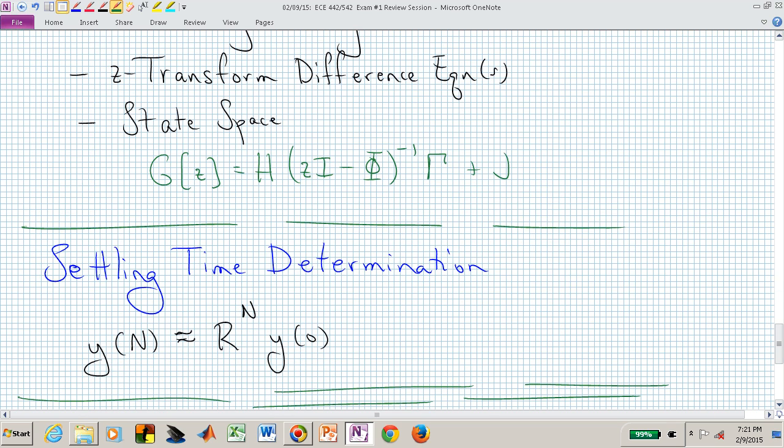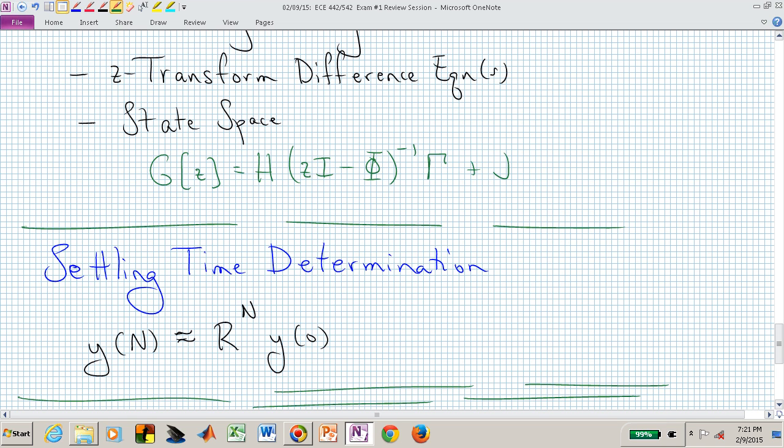Settling time. Earlier tonight we talked about the dominant mode of a system. What if I gave you a transfer function that had 3 poles, and I said, what's the settling time? What's the first assumption I'm making if I'm talking about settling time of a system?